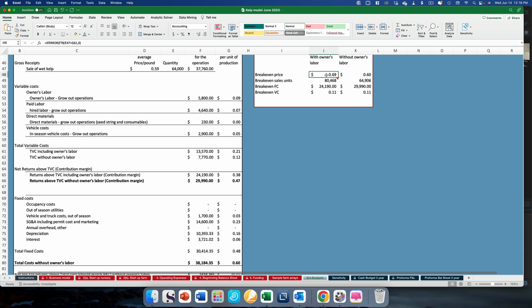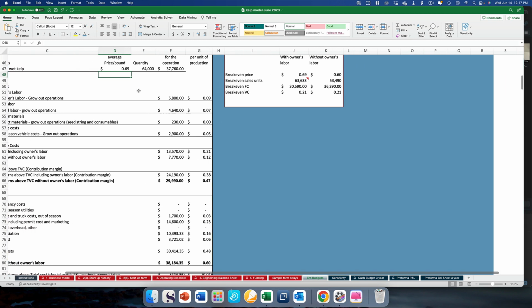Okay, let's test this. Instead of having this calculated value, I'm going to do something to the model just to show you how break-even works.